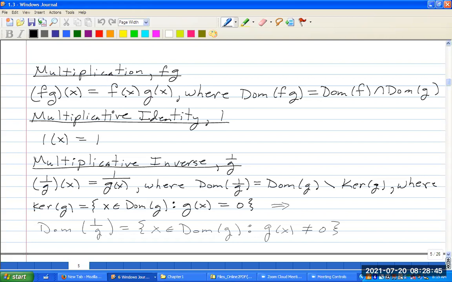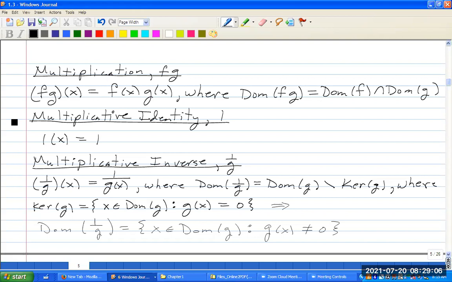And so you must have that both f and g are defined in order for their product to be defined. So this is the obvious sort of domain that you should define. And well, we do define it that way.